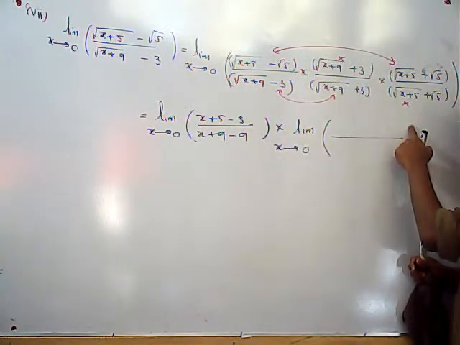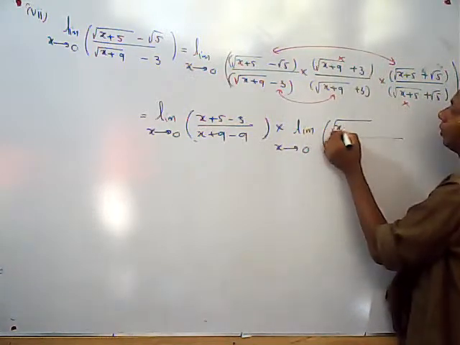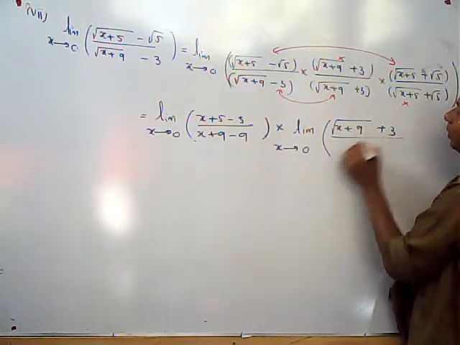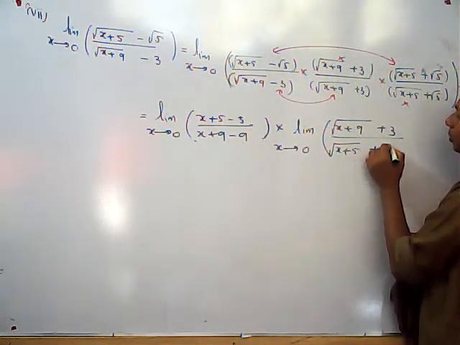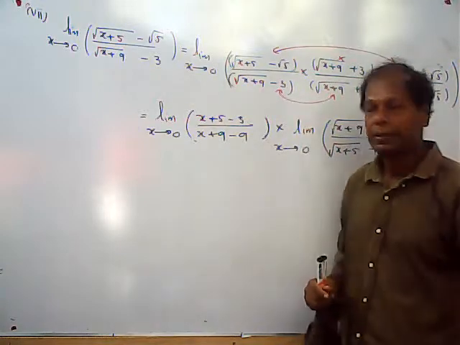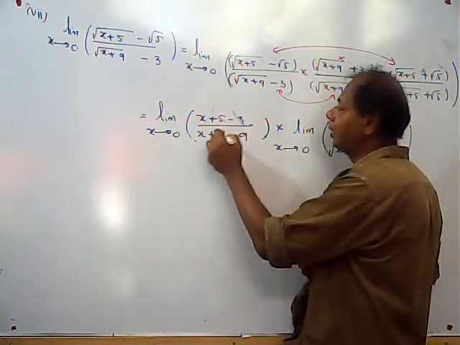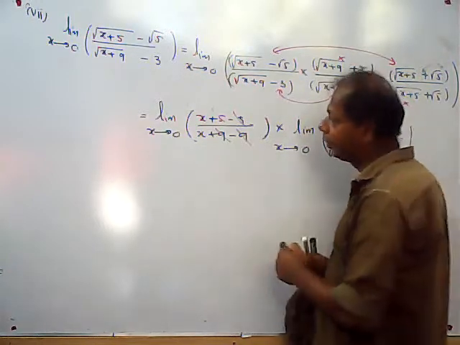Into, as we said, for the other two parts we can take the limit separately. So this and this: root of x plus 9 plus 3 divided by root of x plus 5 plus root 5. Right? Here, the 5 gets cancelled and then the 9, leaving just x over x. Right?